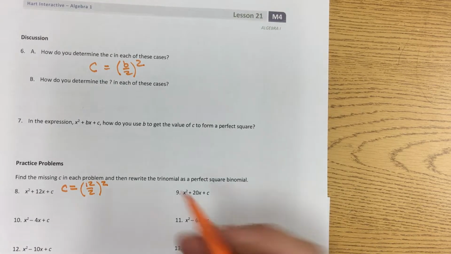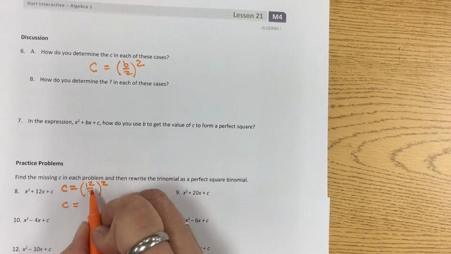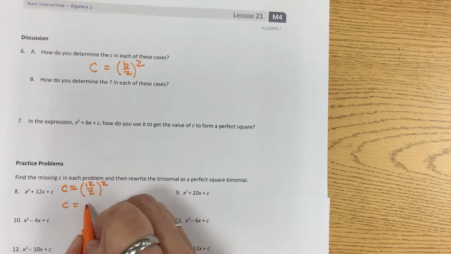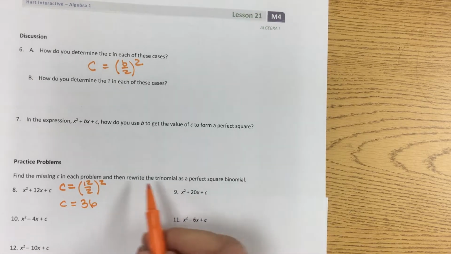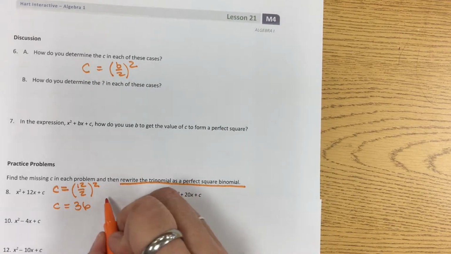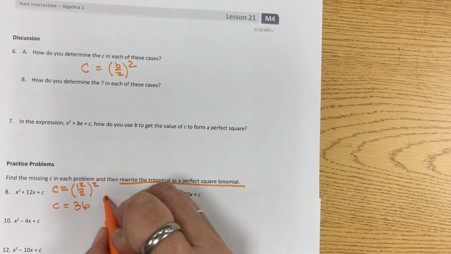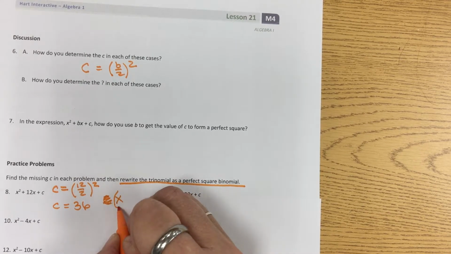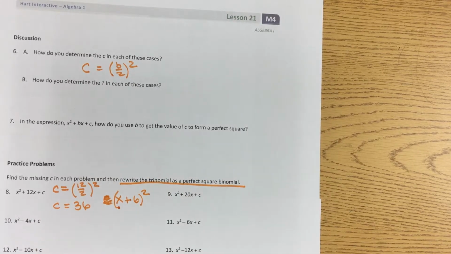So when I do that, I get C equals 12 divided by 2 is 6. I square that and I get 36. Okay, now rewrite the trinomial as a perfect square trinomial. So that would have been, not C, we're using x, sorry about that, x plus 6 all squared.